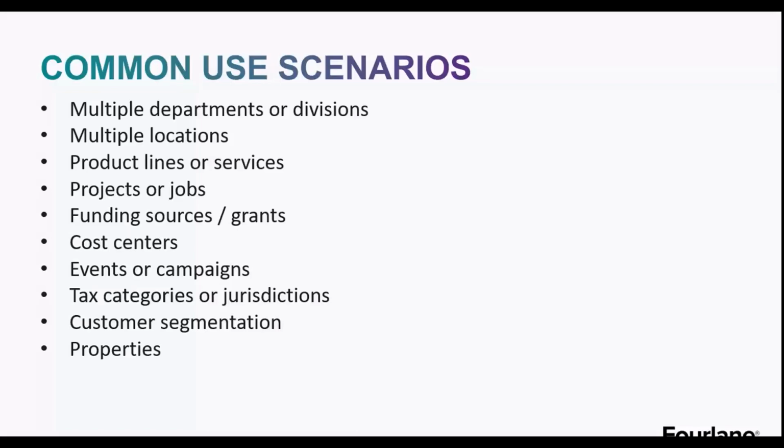Projects or jobs, you can use this for specific projects so that you have that P&L for your project. Funding sources, grants, like restricted funds is one that I see a lot. You have restricted funds for a specific project, right? You can only use these funds to build a school, right?